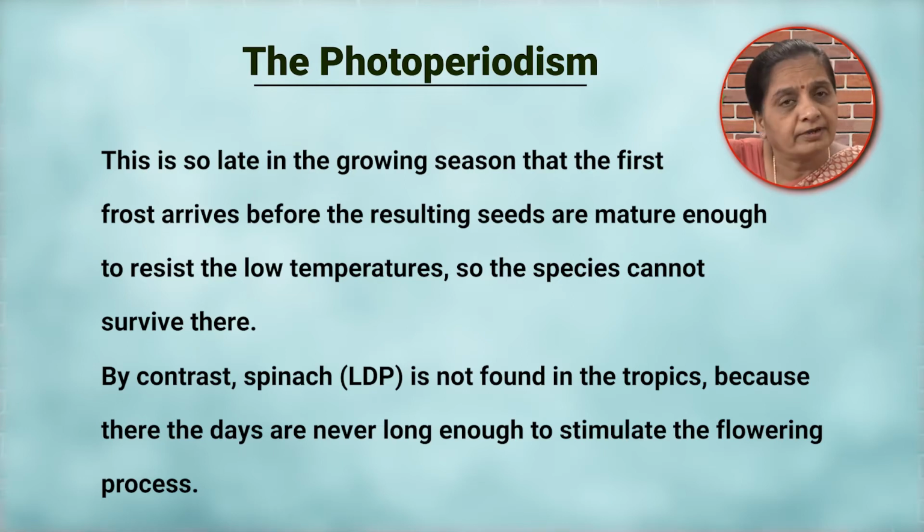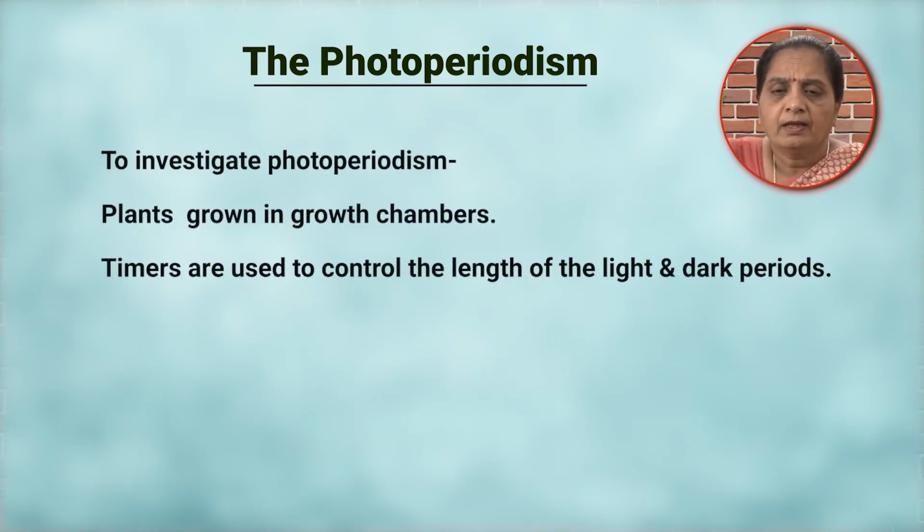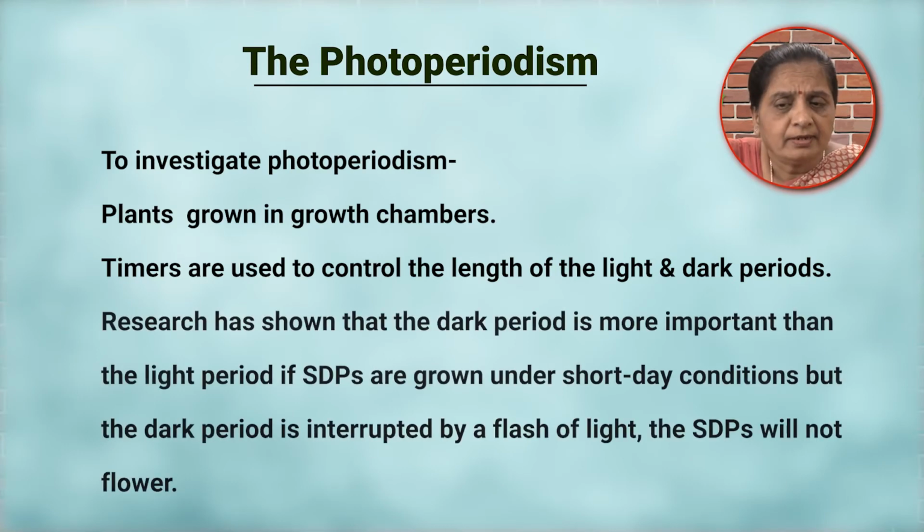To investigate photoperiodism, plants are grown in growth chambers, and timers are used to control the length of light and dark periods. Researchers have shown that the dark period is more important than the light period.